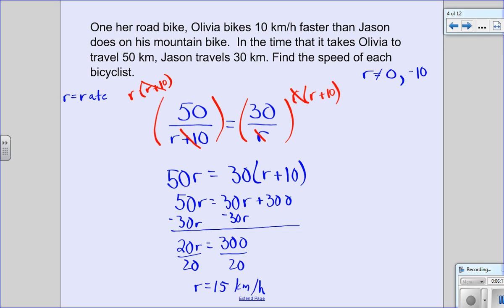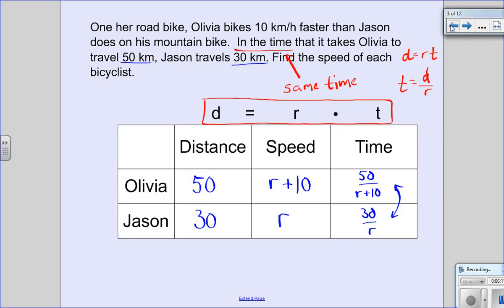And so since it wants to know the speed of each bicyclist, I can go back to my chart and make sure I define this carefully. R is the speed for Jason, and Olivia's speed is r plus 10.